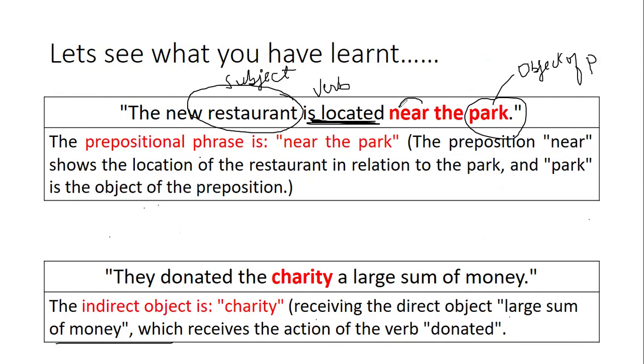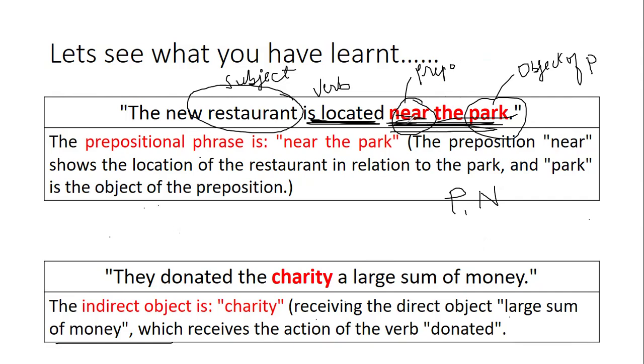And what is our preposition? Near. It's not on the park, below the park, or above the park. It is near the park. So near is our preposition, and near the park is our prepositional phrase. Remember, a prepositional phrase has a preposition and a noun.